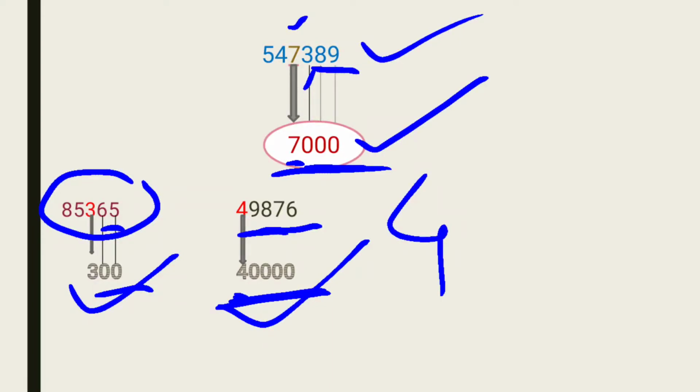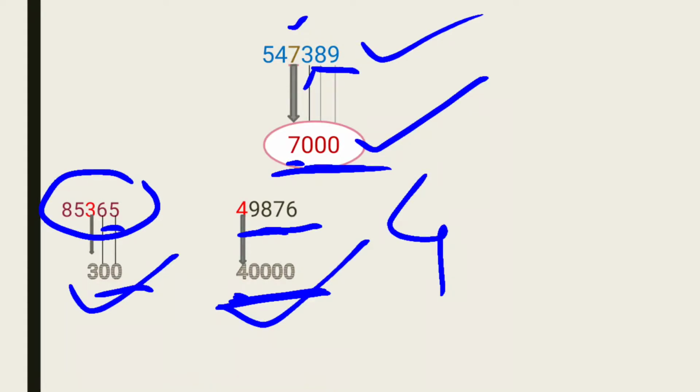Okay, so this is the short trick when you are having some difficulty finding the place value of any digit. You just have to count the places after that digit and add that many zeros after it. So you will get the place value of that digit.